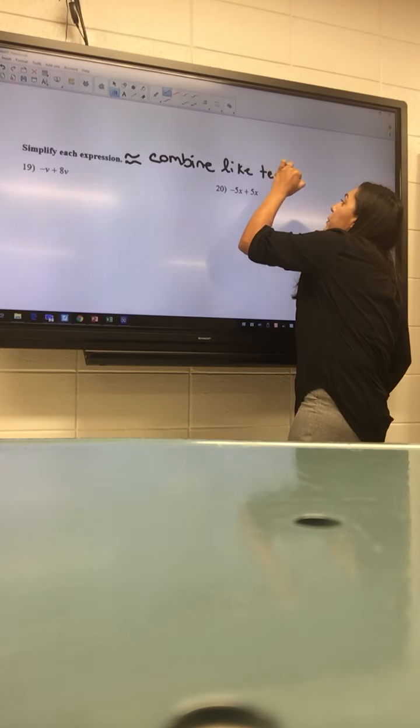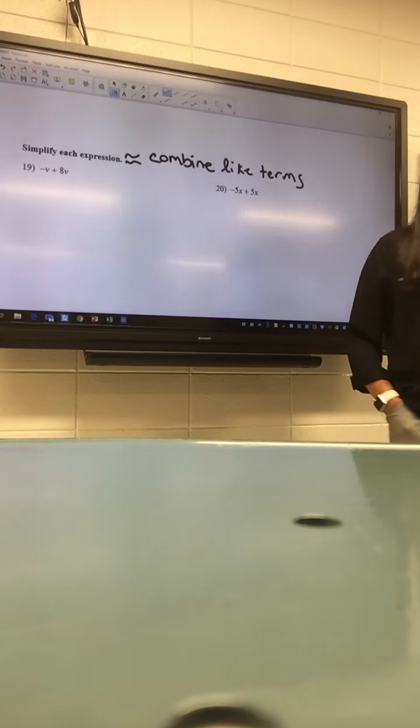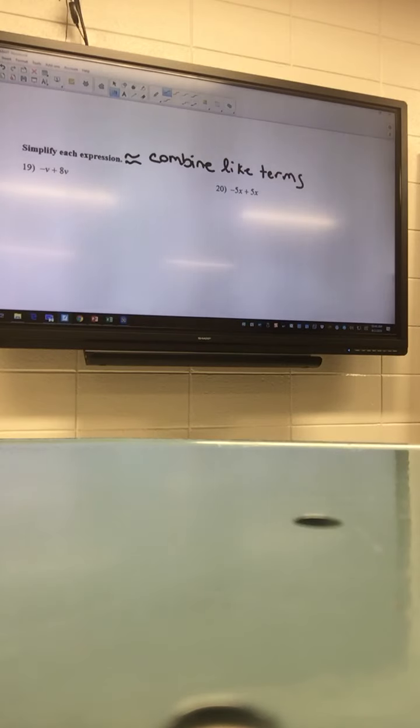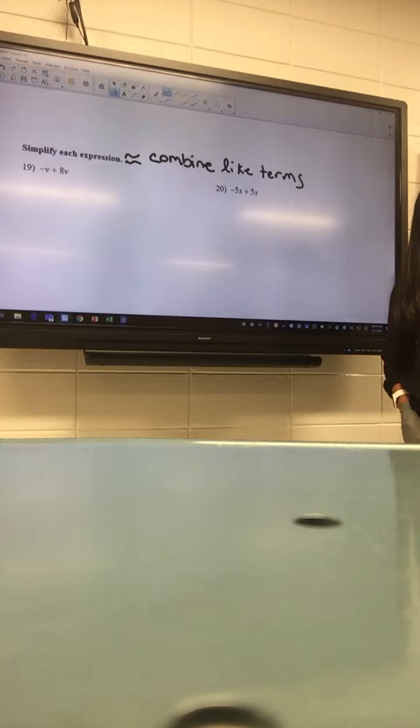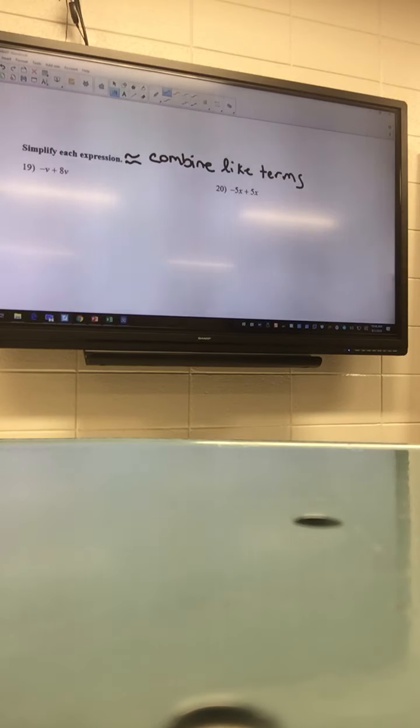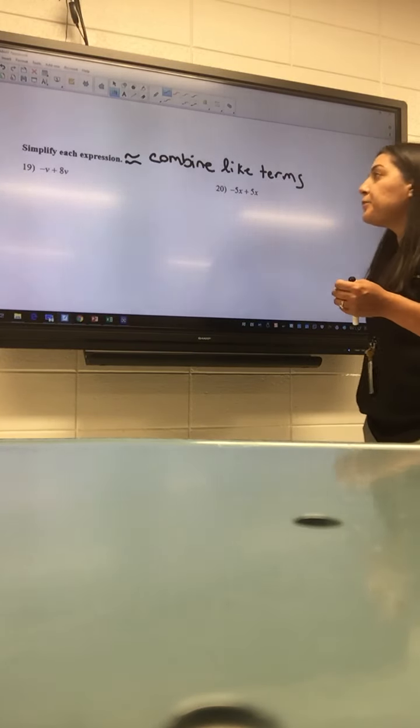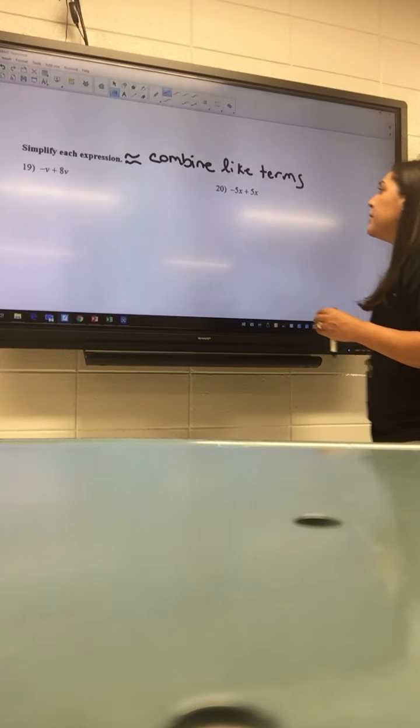Okay, in layman's terms, this category is to combine like terms. Some of you may have a way to print this worksheet, and that would probably be a good idea, and write yourself some notes on there. Simplify each expression means to combine like terms.